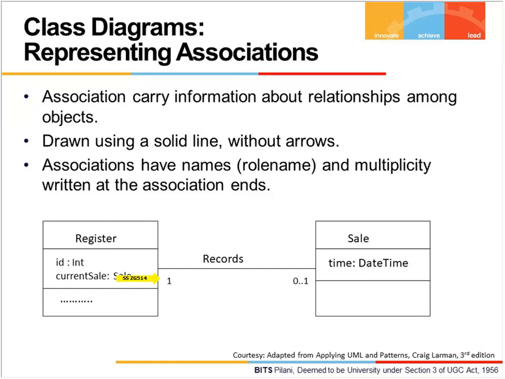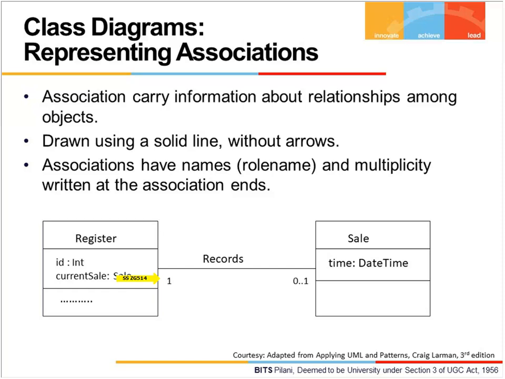These association lines which are used to depict relationships among the various classes are drawn from the domain model, right? However, your class diagram provides additional notations for depicting the relationships between the various classes.